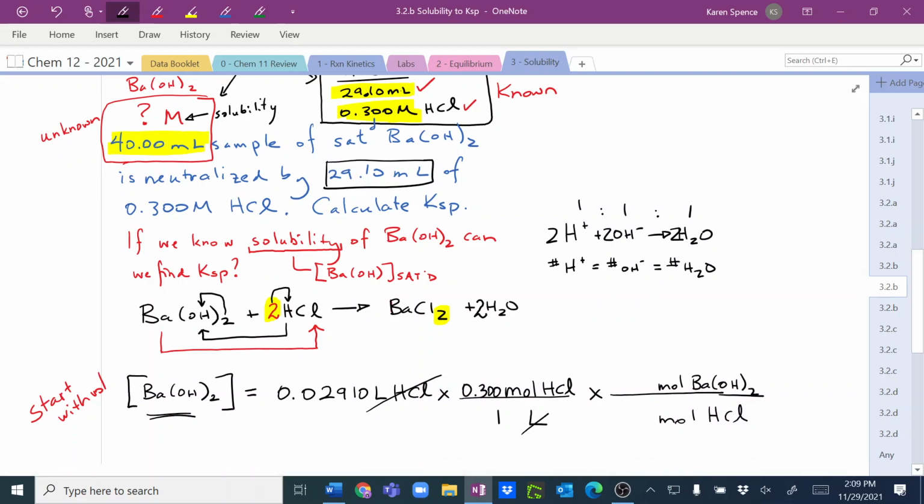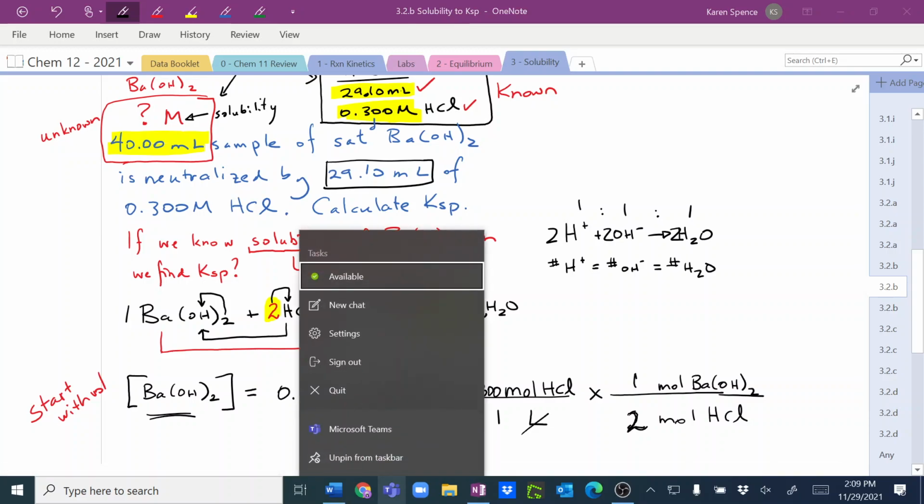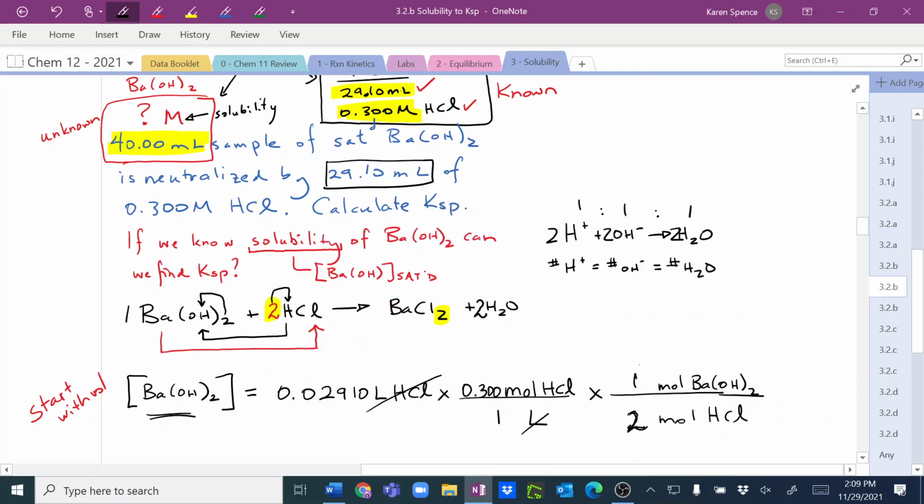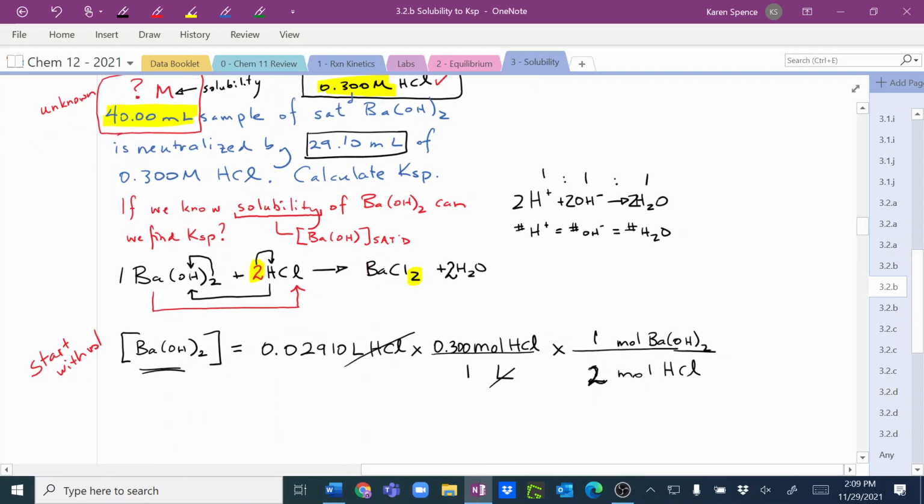And where do we get the numbers for that? Mole ratio. So there's 1 barium hydroxide for every 2 moles of HCl. Okay, sorry, it's doing weird things to me here.